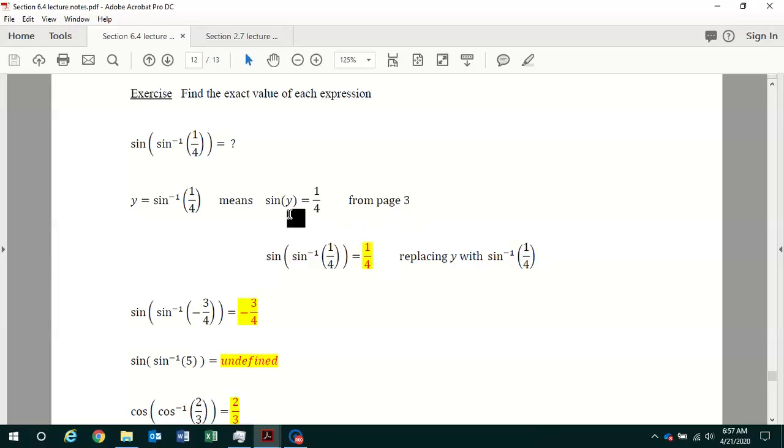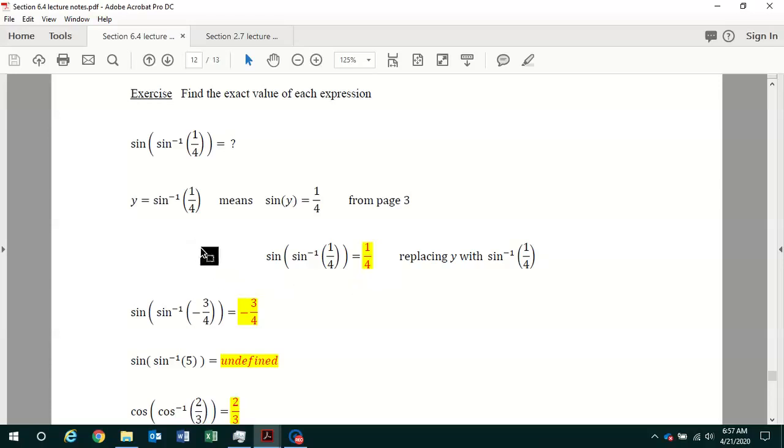So if we replace y here with what it's equal to, the inverse sine of 1/4, we have the sine of the inverse sine of 1/4 is just equal to 1/4. So the sine and the inverse sine undo each other, or cancel each other in the composition, and we just have the sine of the inverse sine of 1/4 is equal to 1/4.